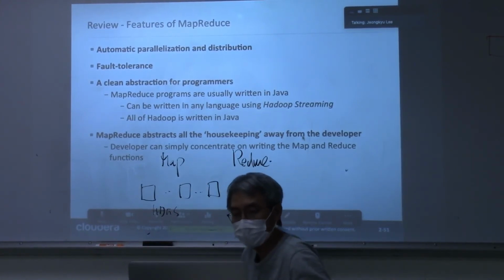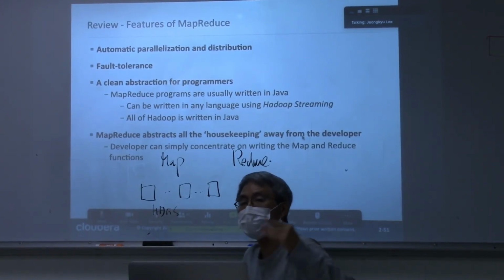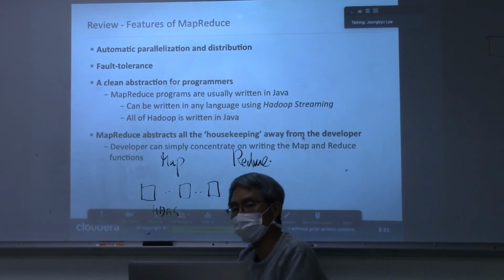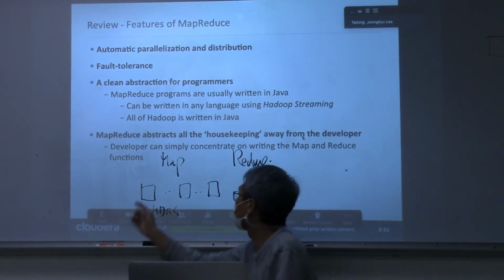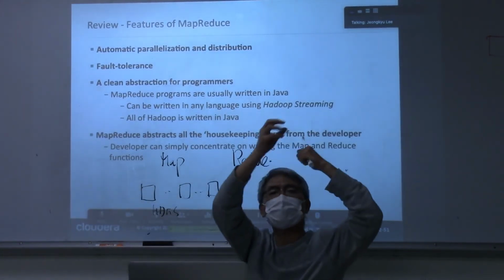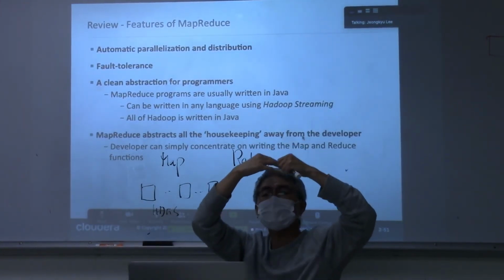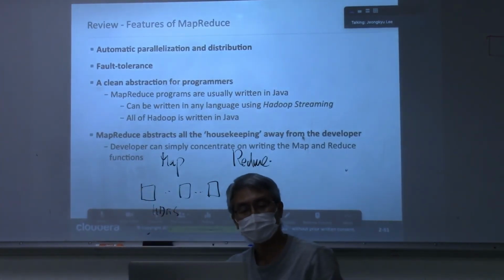As I introduced last time, the traditional parallel and distributed systems focus on computation. The objective of a traditional distributed system is to bring the data to the CPU. You need to read the data, then process the computation. So it's a more computation-oriented system.